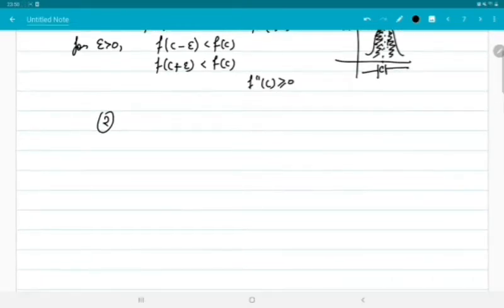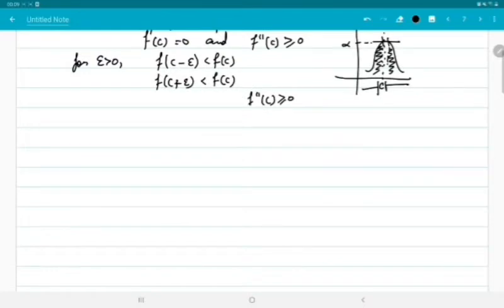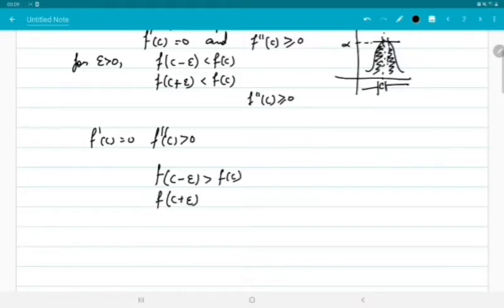Now in the other direction, we assume that for f dash c equal to 0, f double dash c is greater than or equal to 0, and f double dash of c is greater than 0, and f dash of c is equal to 0, then one immediate consequence will be that f of c minus epsilon is greater than f of c, and f of c plus epsilon is also greater than f of c.